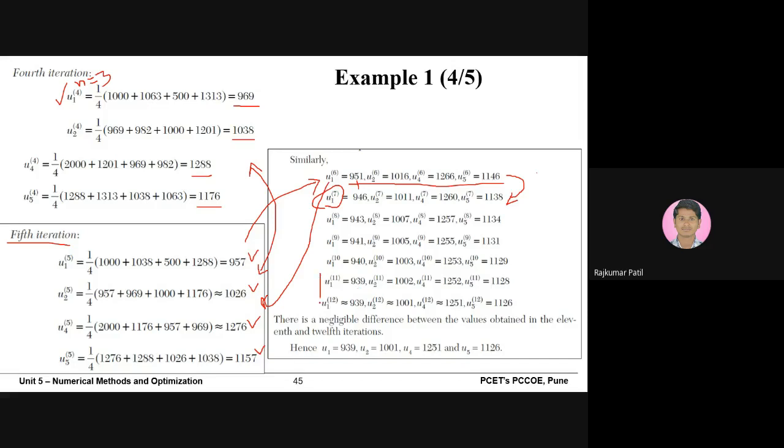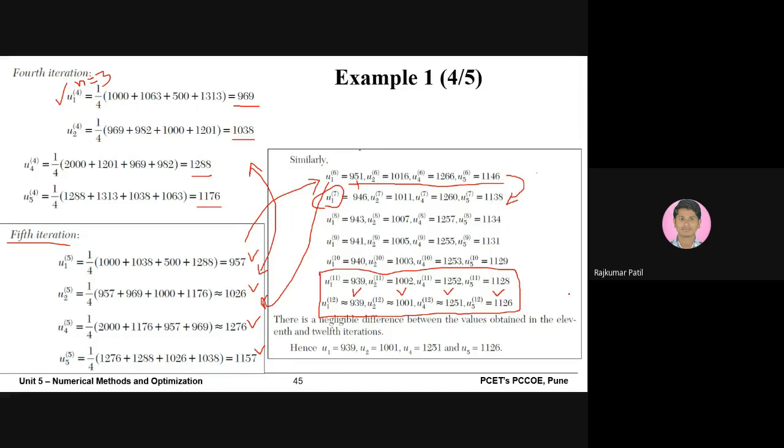And here you can see in the 11th and 12th iteration, the values for U1, U2, U4 and U5 are almost the same.